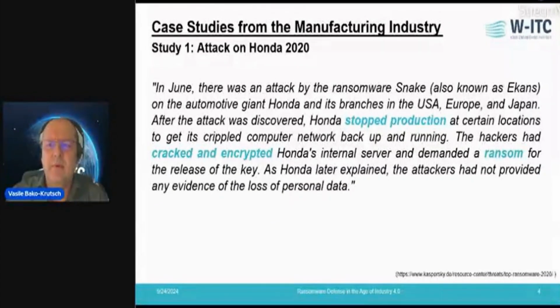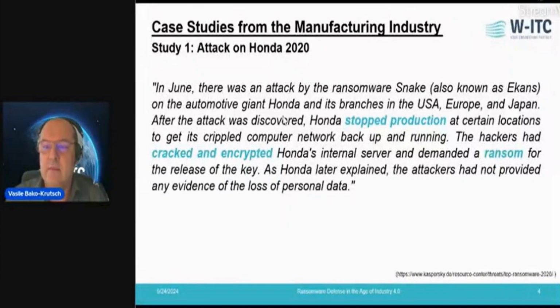Honda had to stop production back in 2020 and invest significant resources in restoring and securing their systems, demonstrating the importance of robust security measures and emergency plans to handle such incidents. This is a very important aspect.